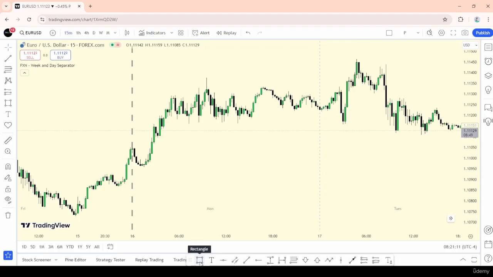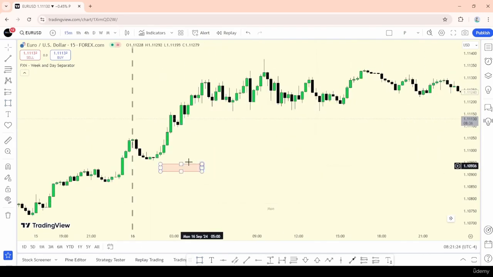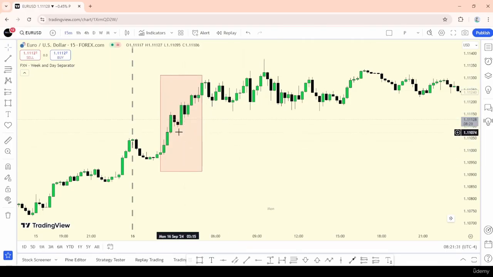Every day you come, from this rectangle, you highlight the time session between 2 a.m. to 5 a.m. From this time, you want your focus to be on the chart.